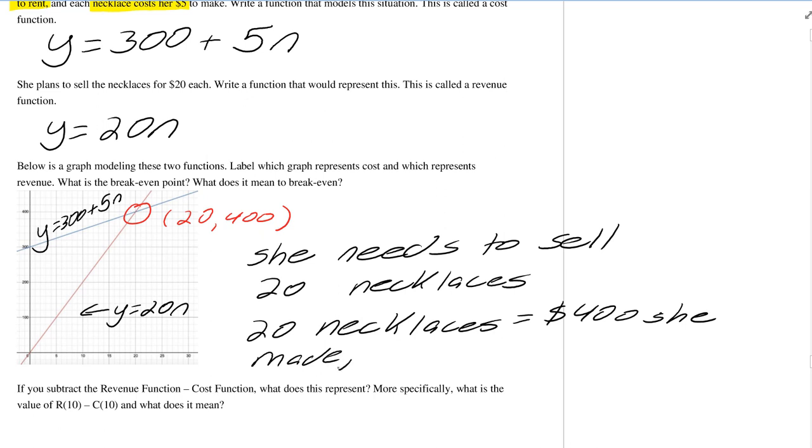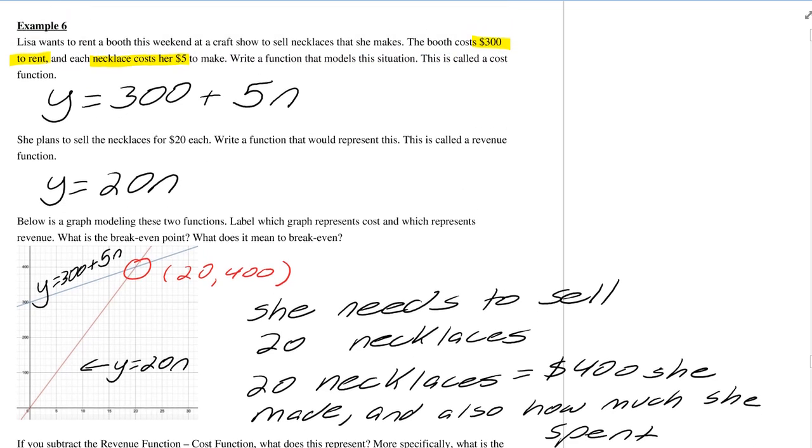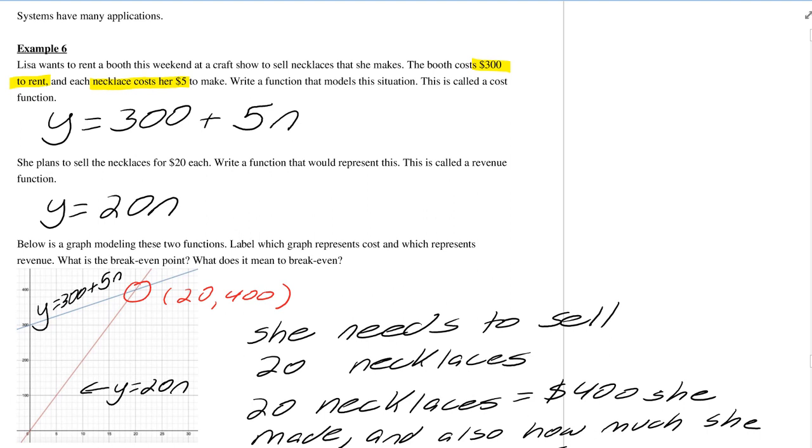But also, that's how much she spent. So be careful when you think about that 400. It has two interpretations. It talks about both her cost and how much she made. So she's gained nothing, but she's lost nothing.